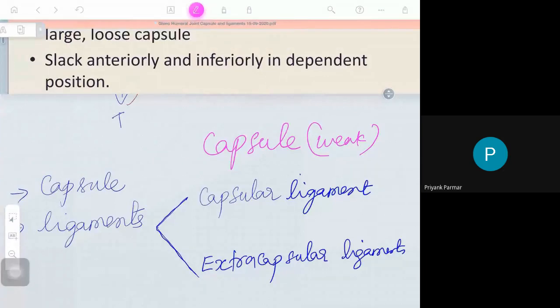Because the capsule is weak, the capsule is strengthened by the ligaments. So above the capsule there will be ligaments. There are two types of ligament: capsular ligament and extracapsular ligament. Are you clear?